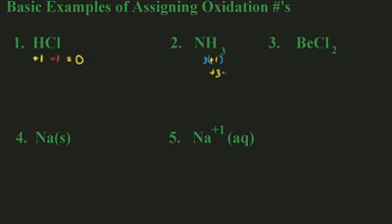Now what you do is you ask yourself, what must I add to a +3 to make it neutral? And the answer is a -3. So now you have the oxidation number for nitrogen is -3, and that for hydrogen is actually a +1.